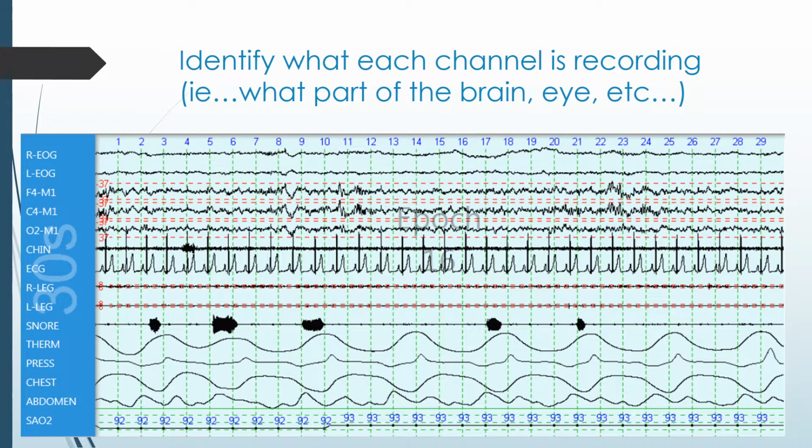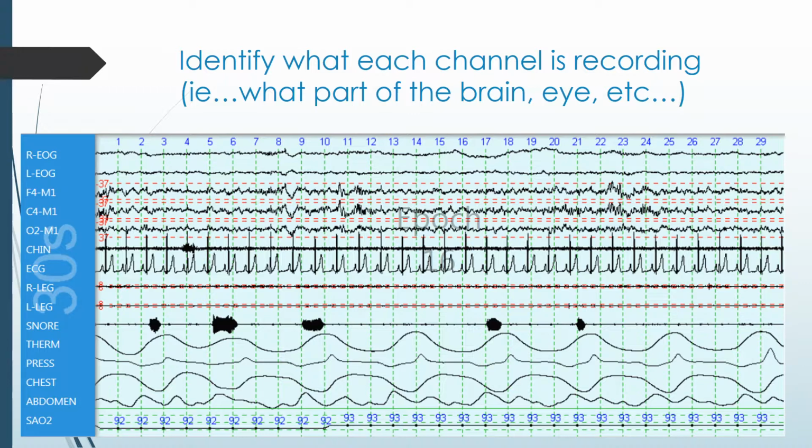Okay, so looking at this epic now, this sleep study, can you identify what each channel is recording? For example, what part of the brain is being recorded on each channel? Or is a channel recording an eye? Or is a channel recording a chin? That's where you should be heading to.